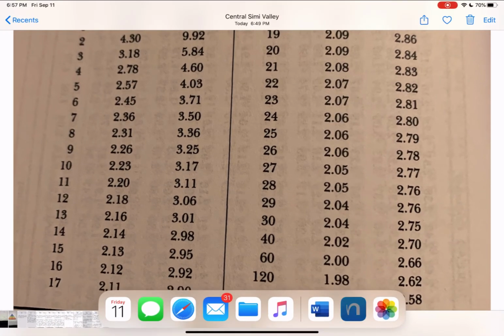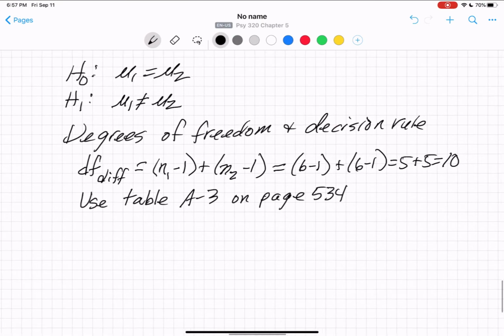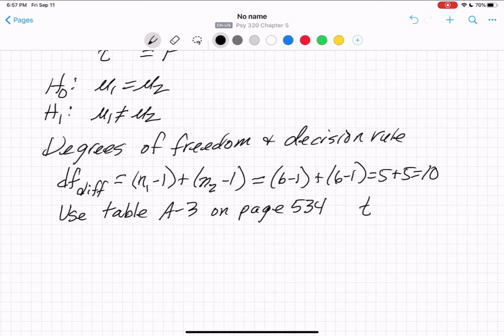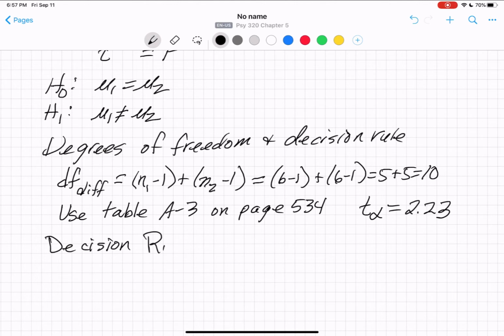And then we're going to go back to our notes, okay? So our t alpha, our critical value, is 2.23. Now, we do write our decision rule a little bit differently for the t-test, and this is because it's possible to get a negative t-value, okay?